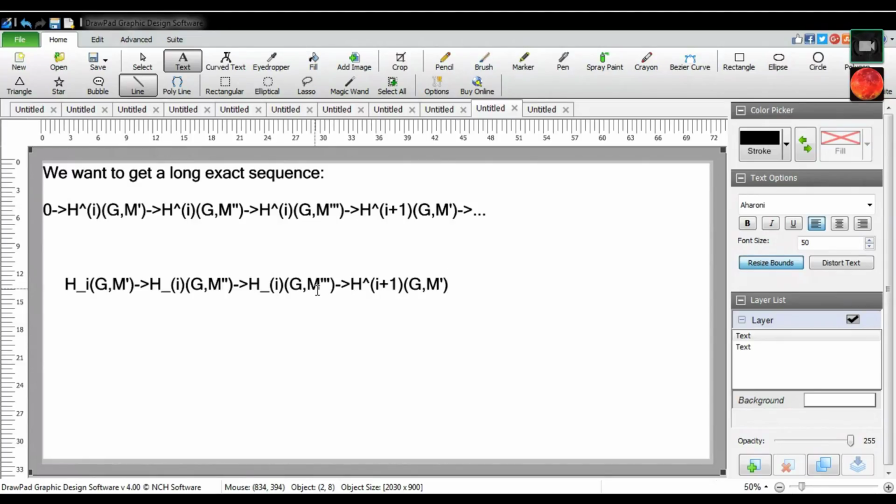These are the sequences that you get from group homology and group cohomology.